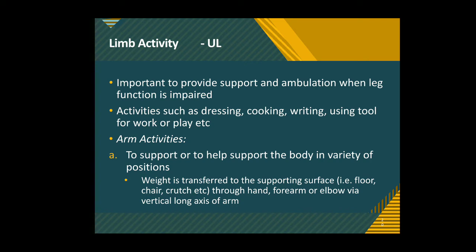The supporting surface can be a floor, it can be a chair, such as when we are standing up from sitting, or it can be a crutch when the person is standing with the support of a crutch or cane.